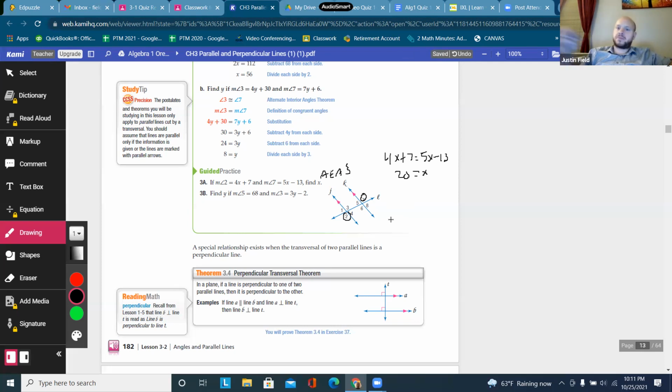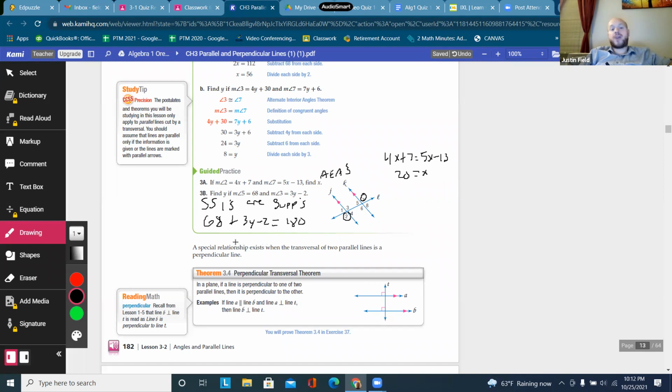But 5 and 3, aha. For 5 and 3, those are SSIs, which are supplementary. So then we would say 68 plus 3y minus 2 equals 180.